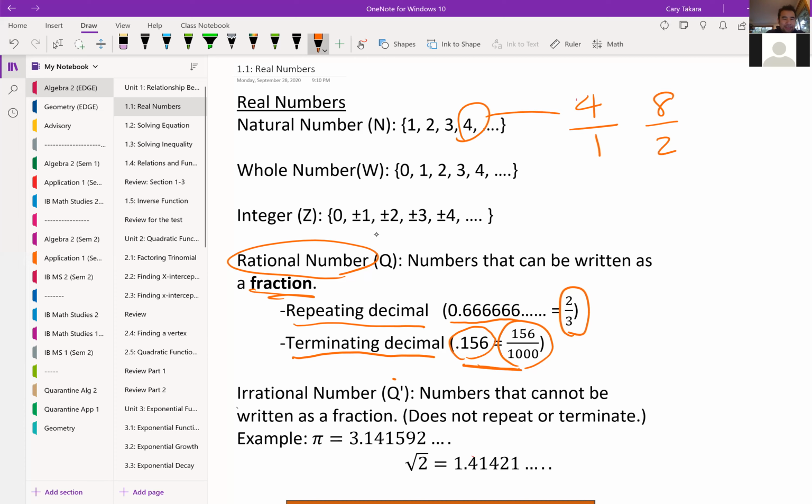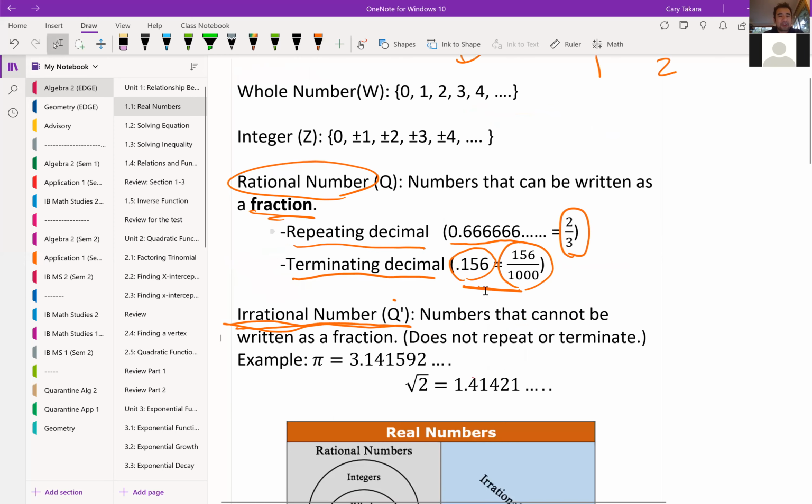Now, the last group is called irrational numbers. Now, what is irrational? Irrationals are the numbers that cannot be written as a fraction. Very good, Francisco. Well said.